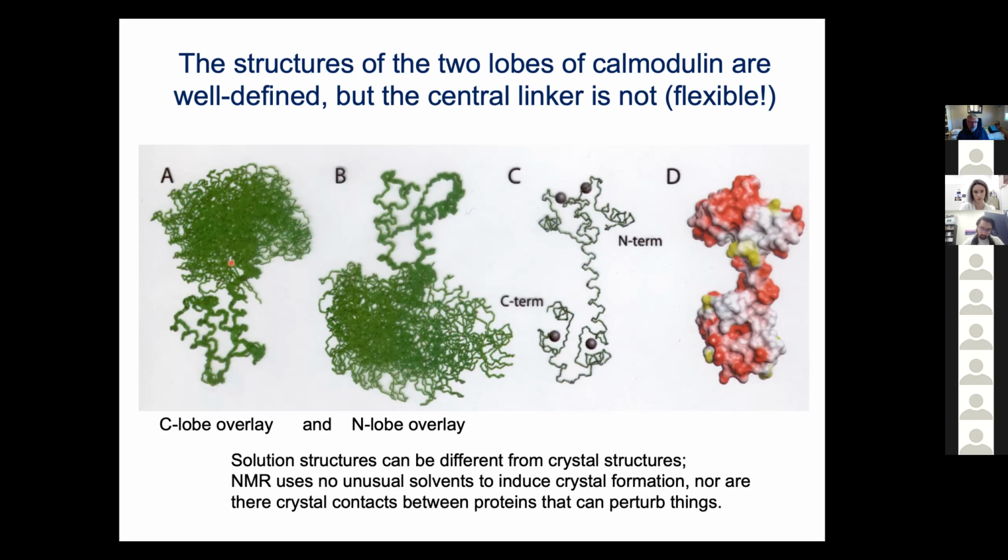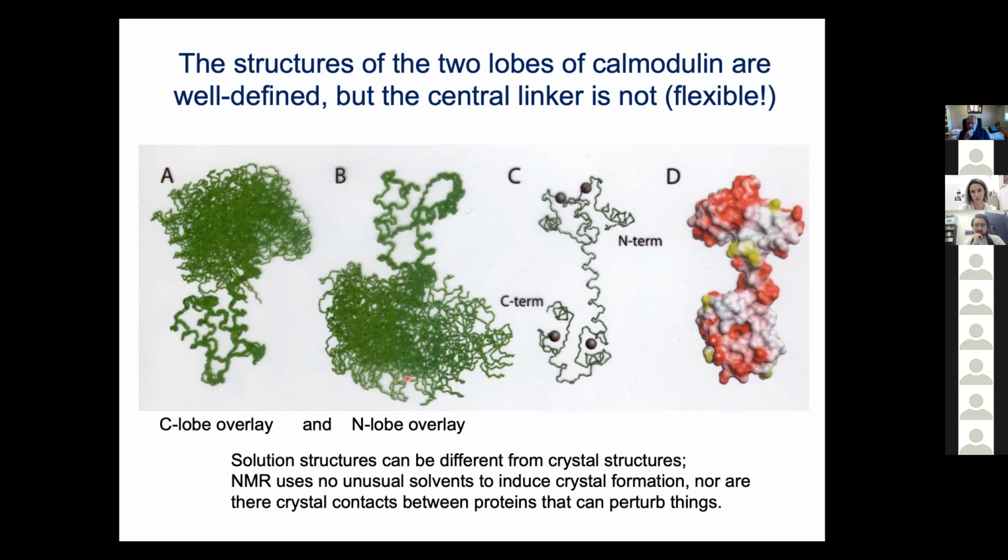But this is the helix that connects into the N lobe, and if you look at the N lobe, it looks like a total ball of yarn, right? It's a complete mess, a ball of yarn that the kittens have played with. Now, if you do the opposite experiment, you overlay the N-terminus, you see it's actually very, very well defined. And now the C lobe looks like spaghetti, so to say.